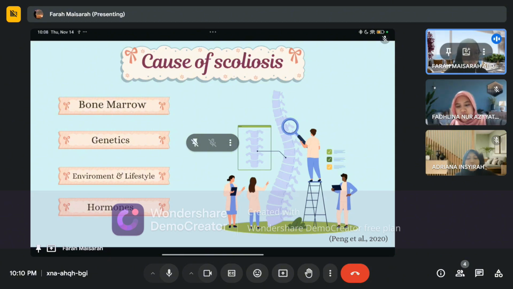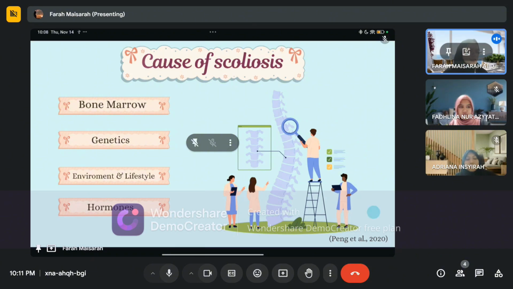Environment and lifestyle can also cause scoliosis because of high environmental selenium, an essential toxin found in water, plants, and the atmosphere, which can induce uncoupled signals like neuro-osseous growth, the overgrowth of the spine relative to the spinal cord, resulting in spine curvature. And last but not least is hormones. When a person lacks estrogen, it can lead to a deficit of bone maturation.